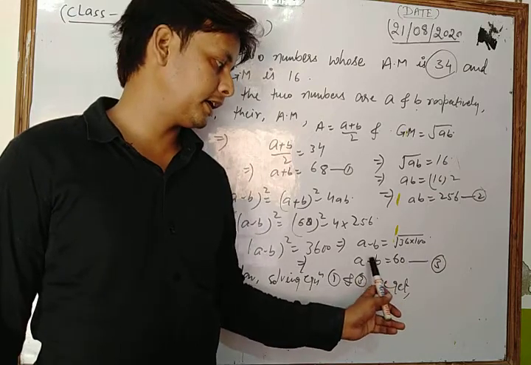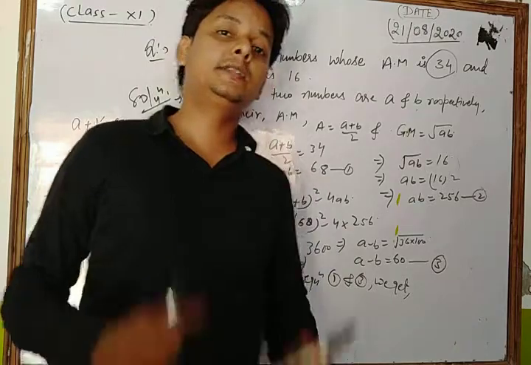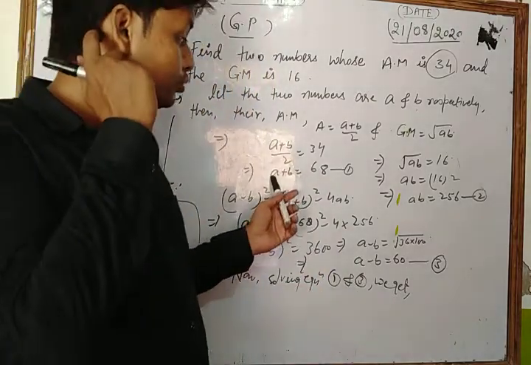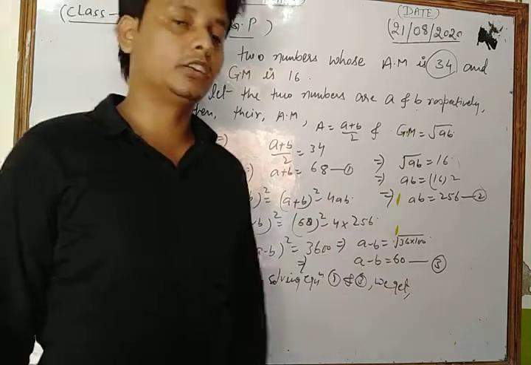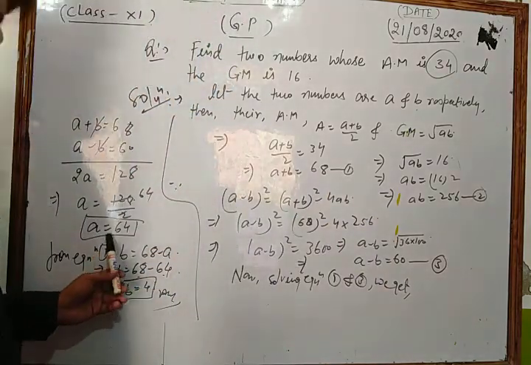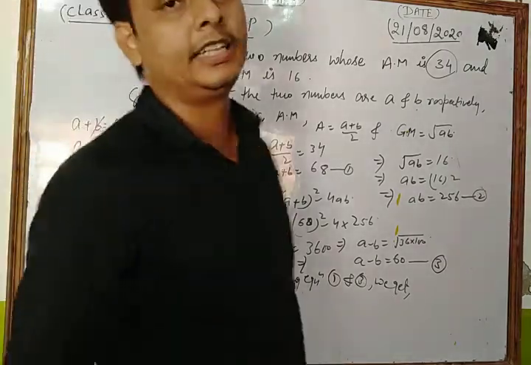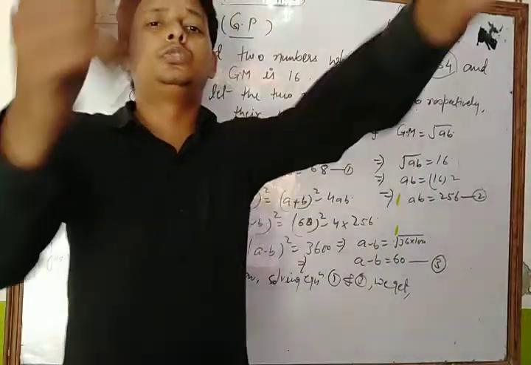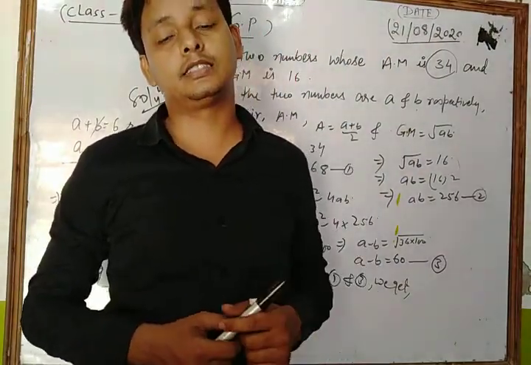So we get A minus B is equal to 60. Take it as equation number 3. Now for finding the values of A and B, we solve equations 1 and 3. After solving, we get the value of A as 64 and the value of B as 4. So dear students, in this way you can solve each and every question of your NCERT exercise based on GP.